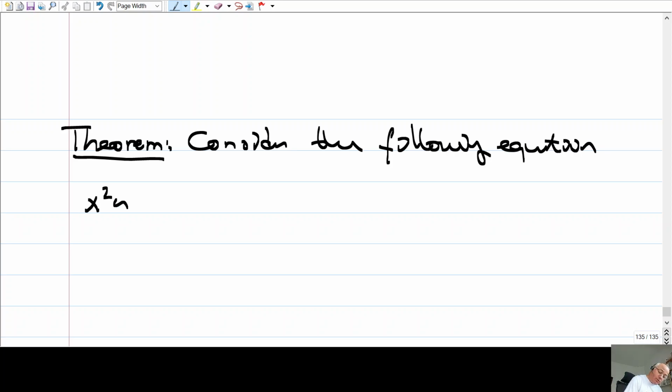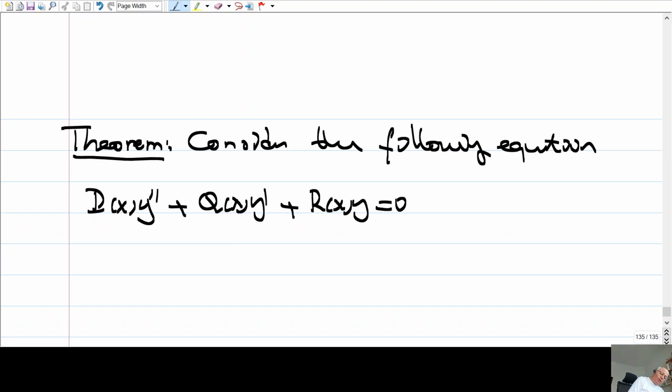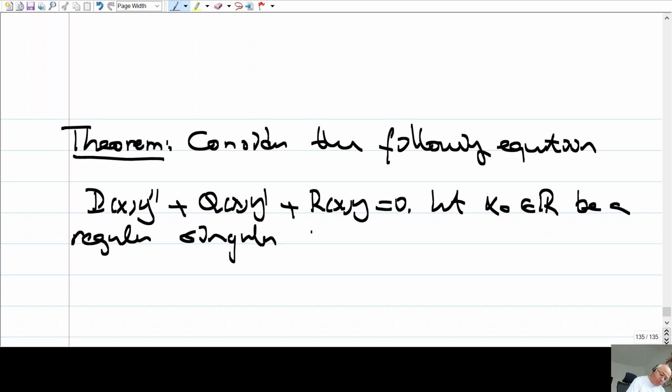So p(x) y double prime plus q(x) y prime plus r(x) y. Let x0 be a regular singular point.